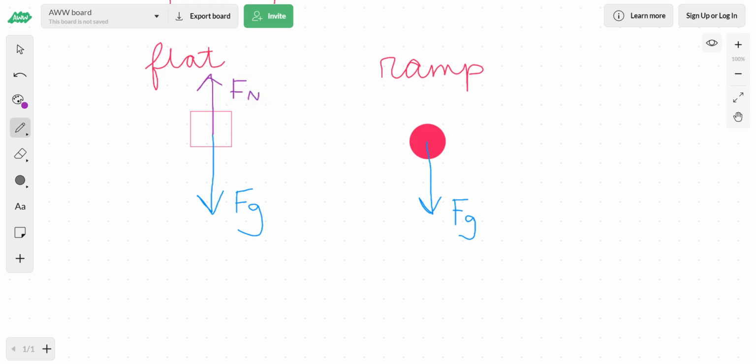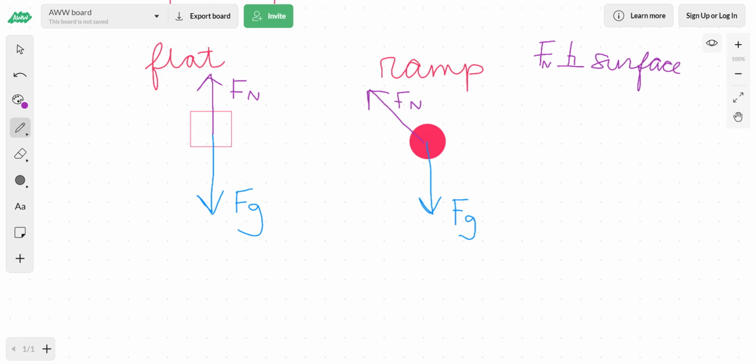This one is sitting on a flat surface, so normal force is pointing up. This one is on a ramp, so normal force is acting at an angle perpendicular to the surface. Okay, so force normal is always perpendicular to the surface. So that's the basic situation.